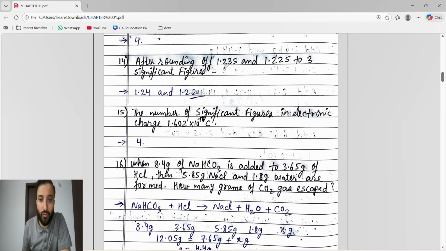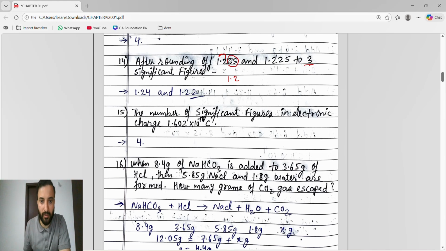after rounding off 1.235 and 1.225 to 3 significant figure, what we will get? So see, 1.235 to 3 significant figure. 3 significant figure means first 2 significant figure we will keep as it is. So 1.2 will remain as it is. Now third one means this 35.